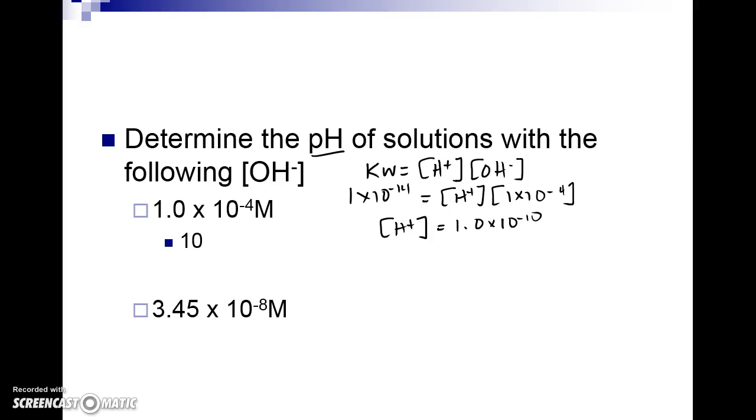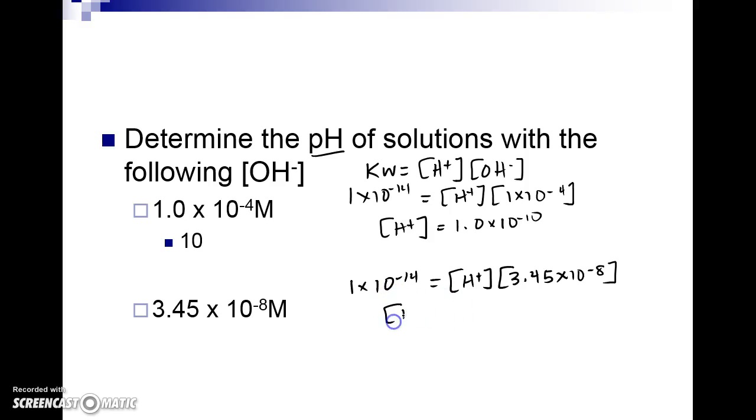However, if I have a number like 3.45 times 10 to the minus 8, I have to use my calculator. There's no way around it. I'm going to do the same steps that I did up there. 1 times 10 to the minus 14 is equal to H plus times 3.45 times 10 to the negative 8.